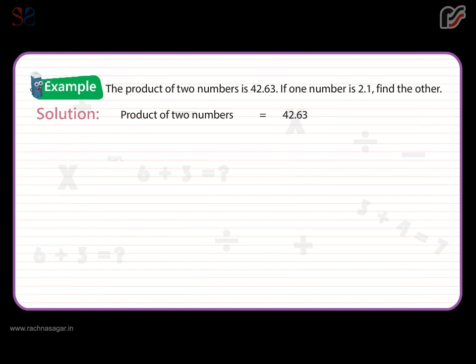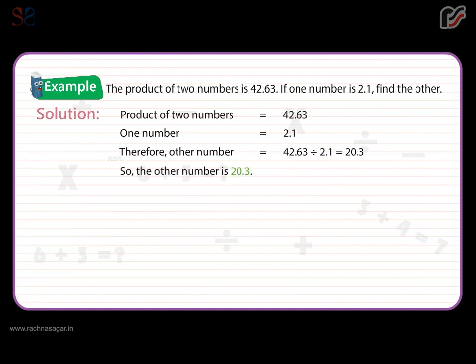Product of two numbers is equal to 42.63. One number is equal to 2.1. Therefore, other number is equal to 42.63 divided by 2.1 is equal to 20.3. So, the other number is 20.3.